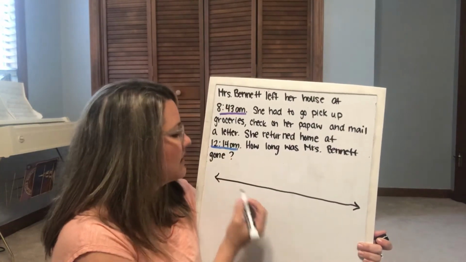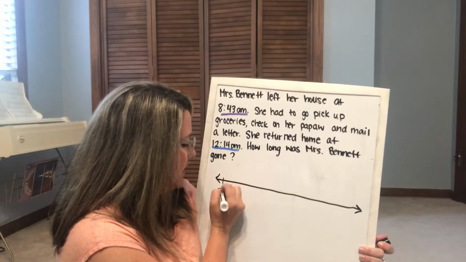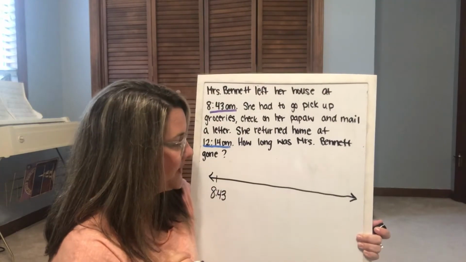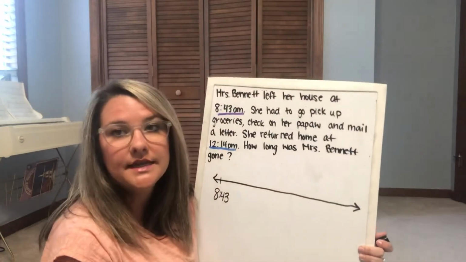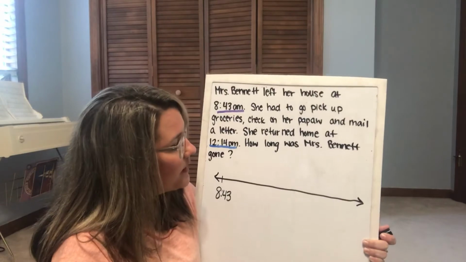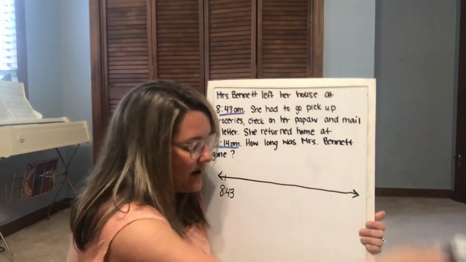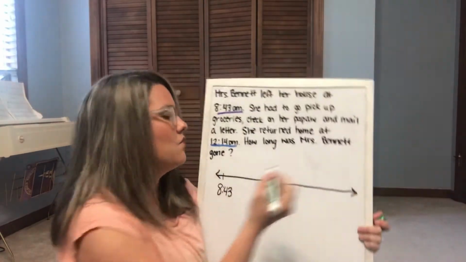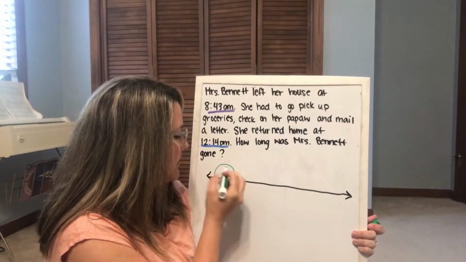My start time is 8:43 a.m. I'm trying to get to 12:14 p.m. So I'm trying to think, if I add 1 hour, where would I be?